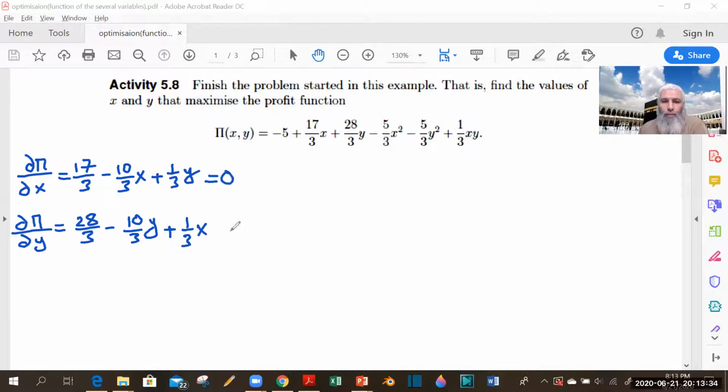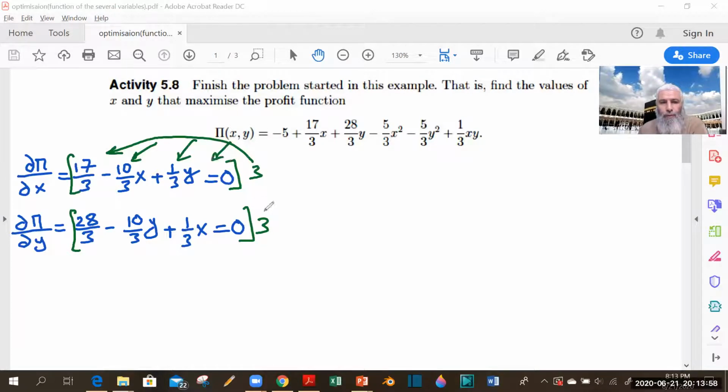We set this and this equal to 0. So we can multiply both equations by 3, right? Yes. So we have this 3 here and here.